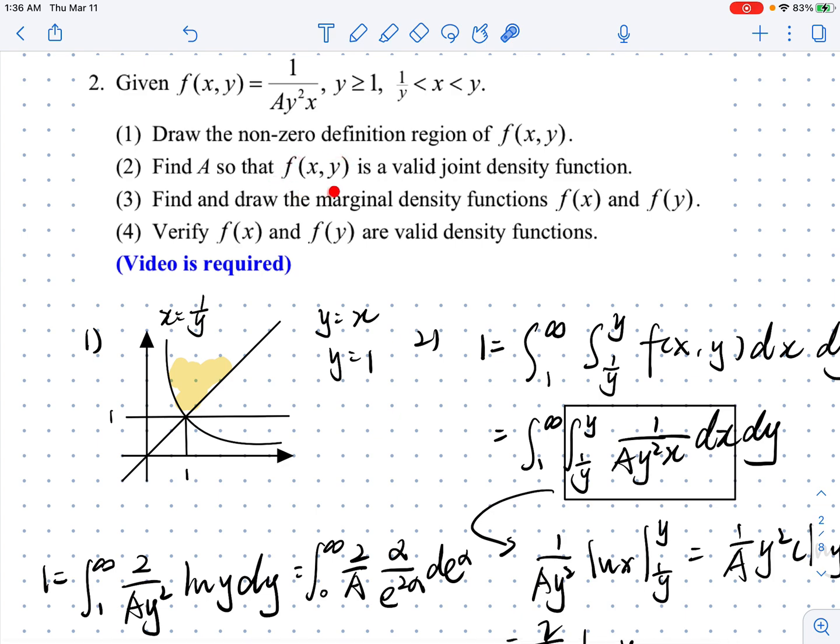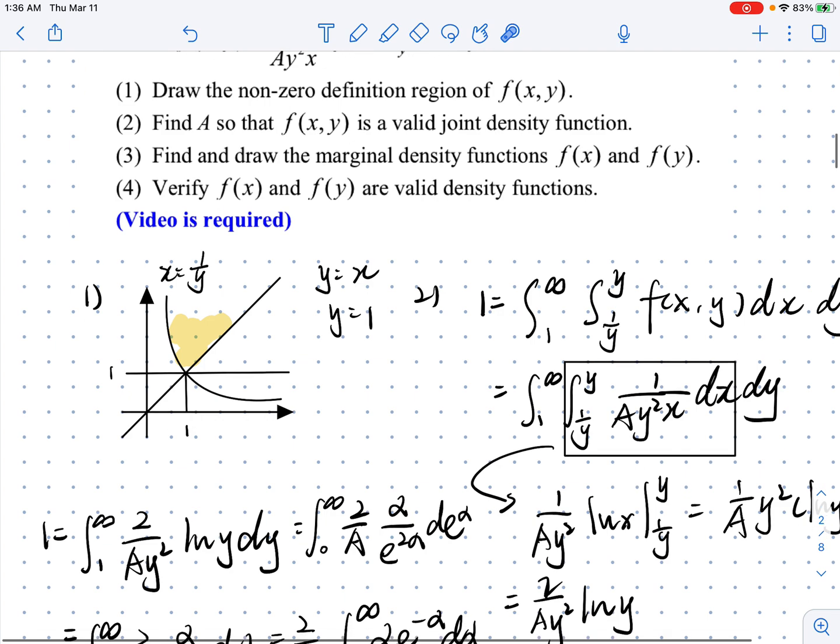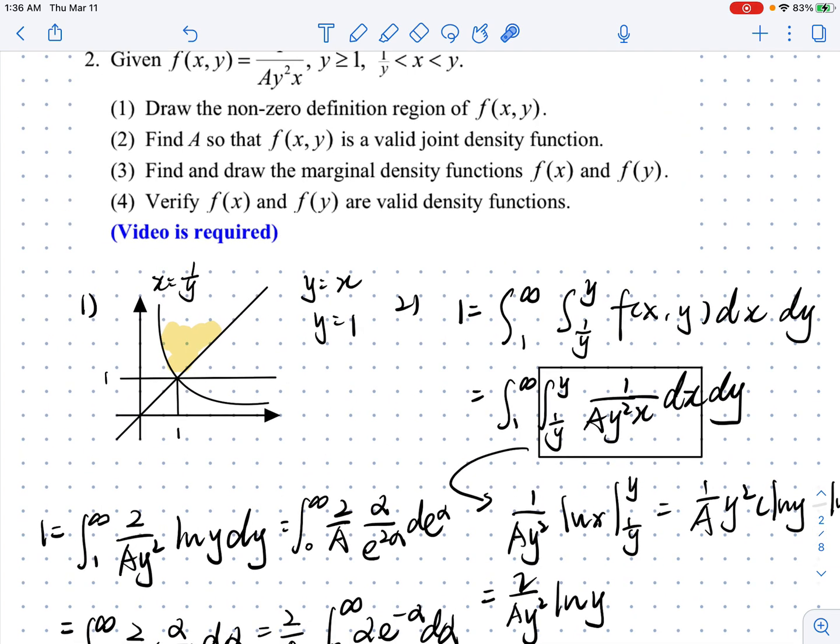For this joint density function to be valid, we need to do the integration. First, x is from 1 over y to y, which is this area, and then y should be from 1 to infinity.